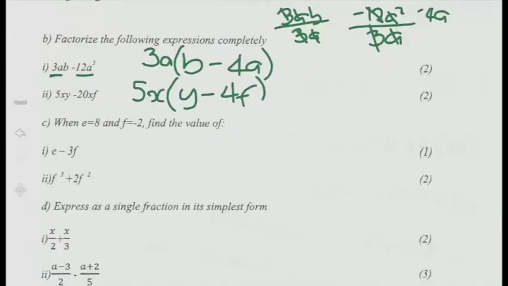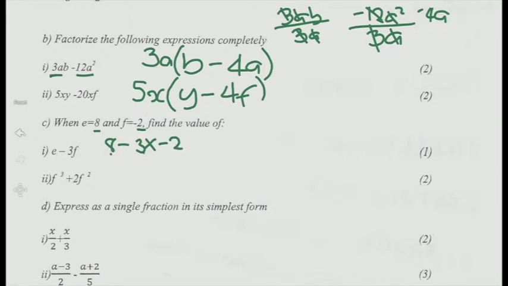When e is equal to 8 and f is equal to negative 2, find the value of e minus 3f, meaning that we have to substitute using the given values. So for e, we have 8 minus 3 times negative 2, because the value of f is negative 2.